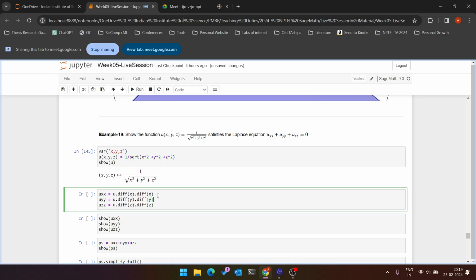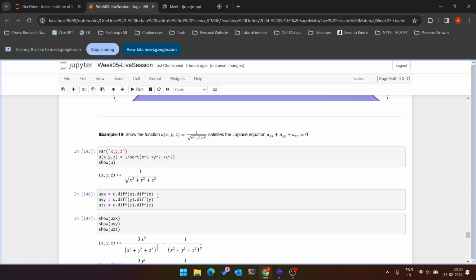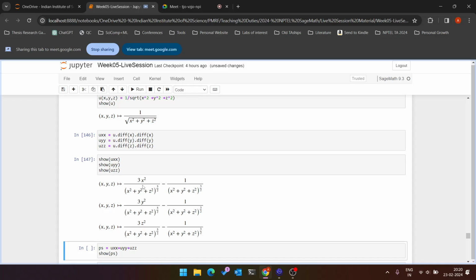U dot differentiation y again with respect to y, and similarly I'm defining uz as dou square u by dou z square. If I show all these three, I get expressions which look similar but are in a cyclic order. So the second partial derivative with respect to x looks like this. This is the y one and this is the z one.